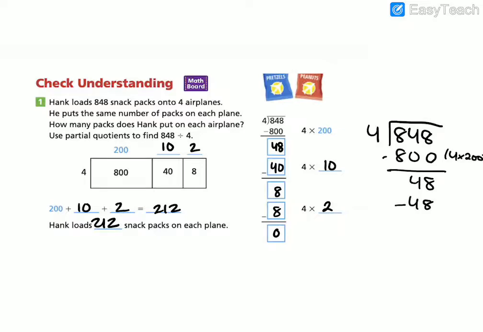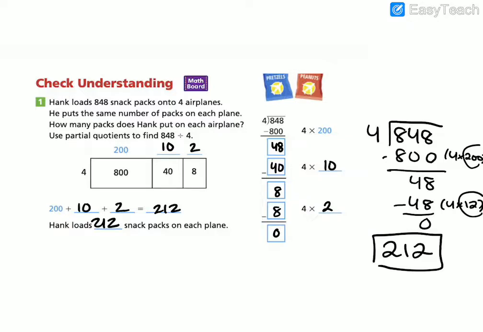So I could have used 48 here and said this was equal to 4 times 12. Then I would have seen still the same answer. 212 would still be my quotient. So that's just in case you got confused by how many boxes were here, if you saw right away that 48 was a multiple of 4.